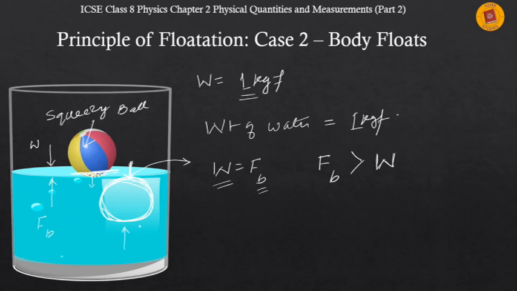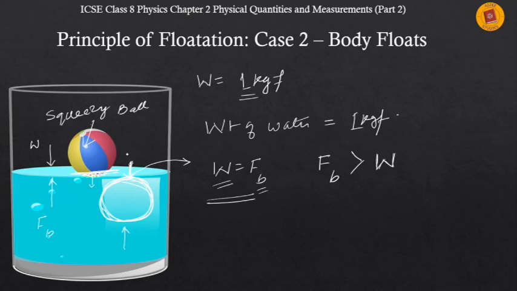Our hand will feel a force, and if we release it, the ball will come to a certain equilibrium position, this is important, where the volume of water displaced by the ball will be just equal to the weight of the ball, and they will balance each other.